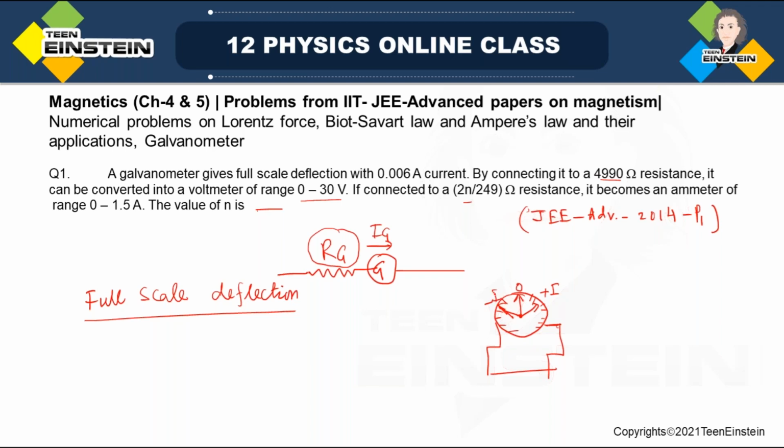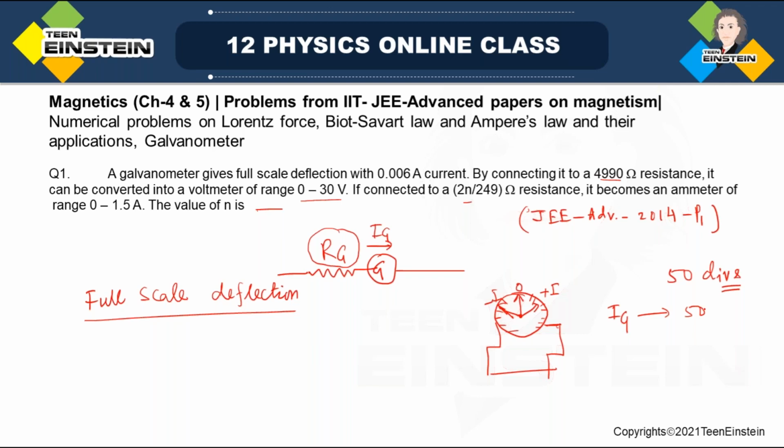Now look, what is full scale deflection? Suppose there are 50 divisions, and there is some particular current, the maximum limit of current, for which the pointer will show the maximum deflection or full scale deflection.